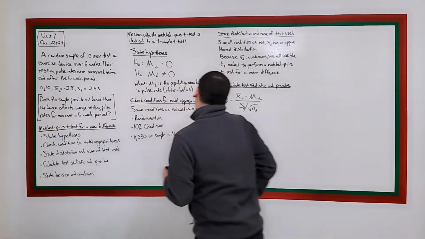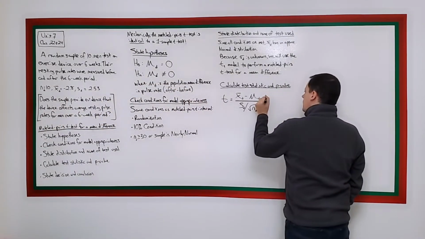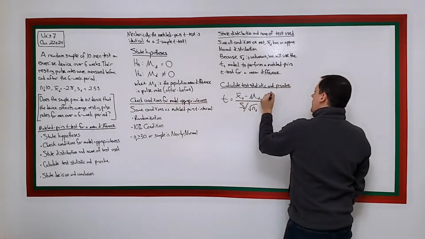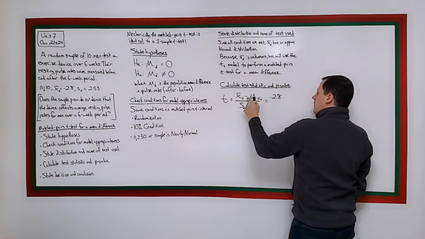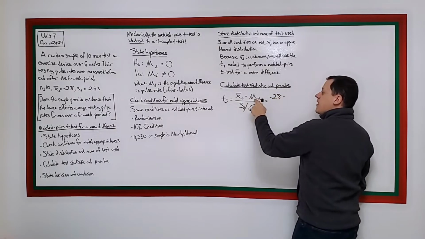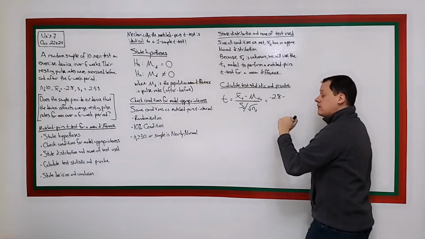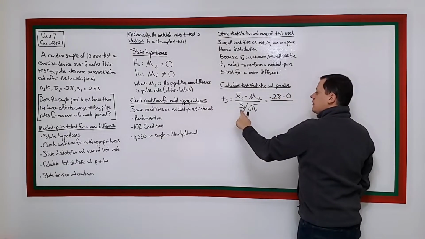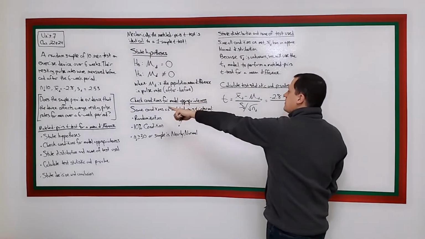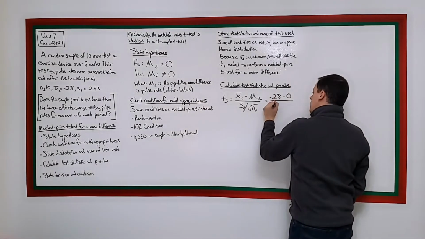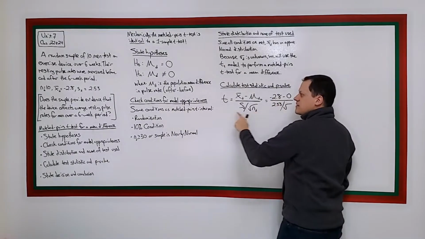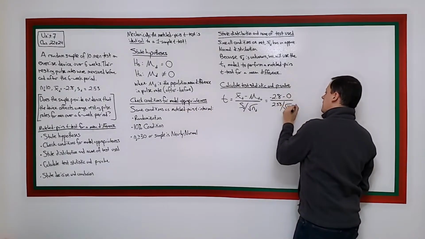So let's plug in all these values. X bar d, negative 2.8, minus the value in the null hypothesis is 0. And we divide by the standard deviation of the differences, SD is 2.53, over the square root of the sample size, which is 10.